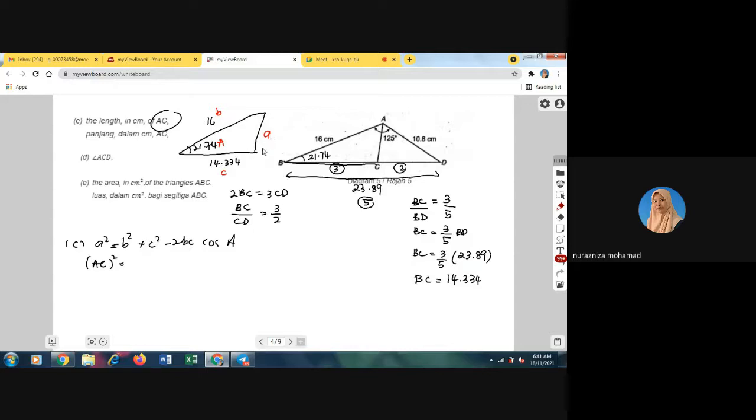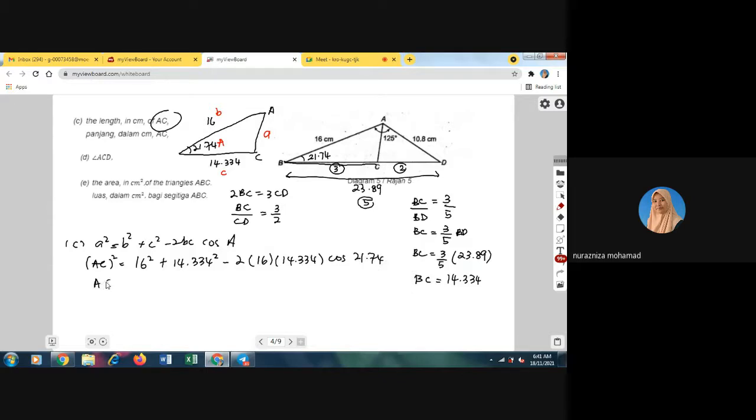B square will be 16 square plus 14.334 square minus 2 times 16 times 14.334 cos 21.74.